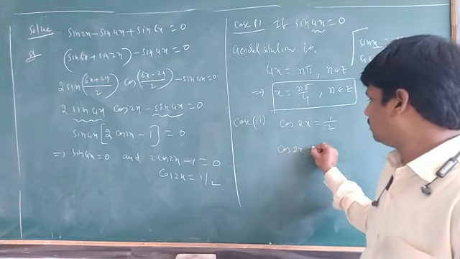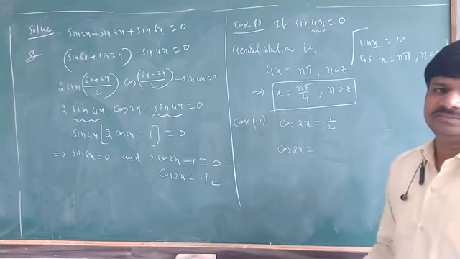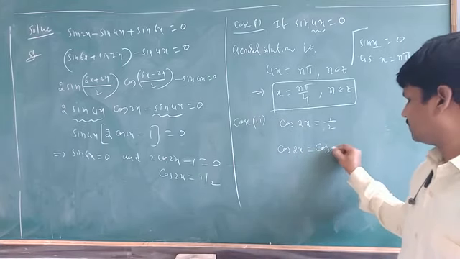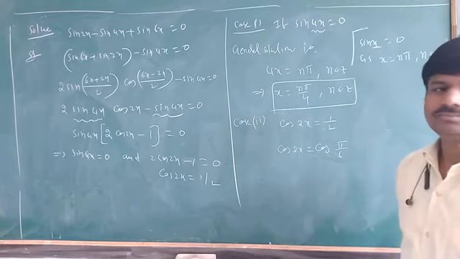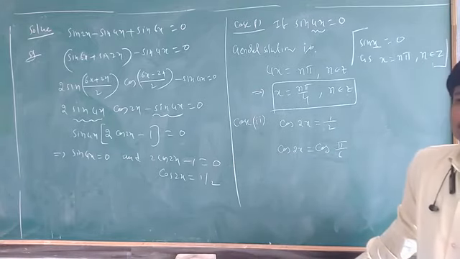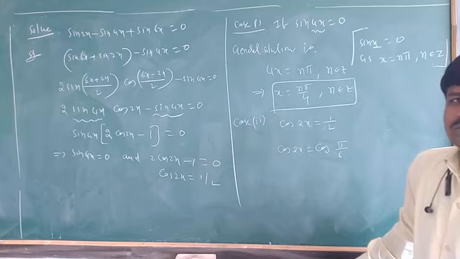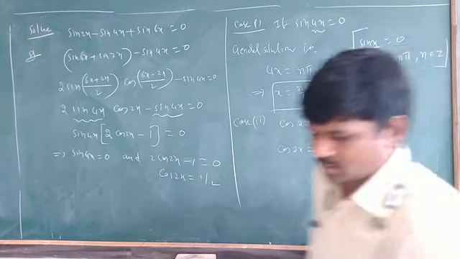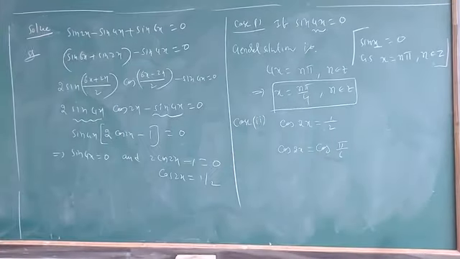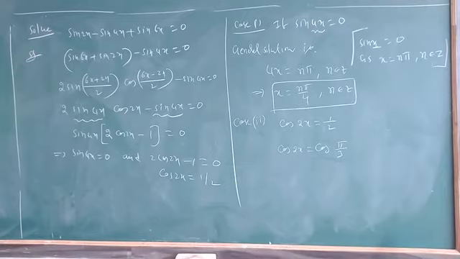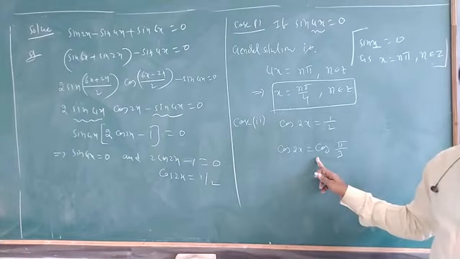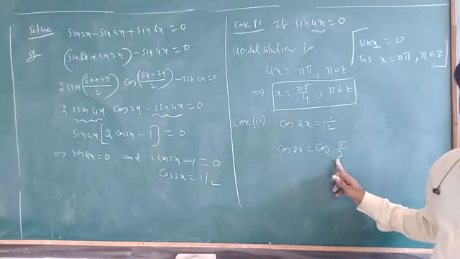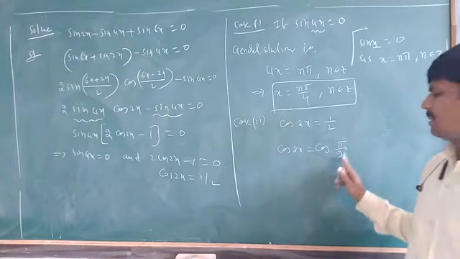Cos 2x is equal to 1 by 2 means cos 60. Yes, cos 60. So cos pi by 3.